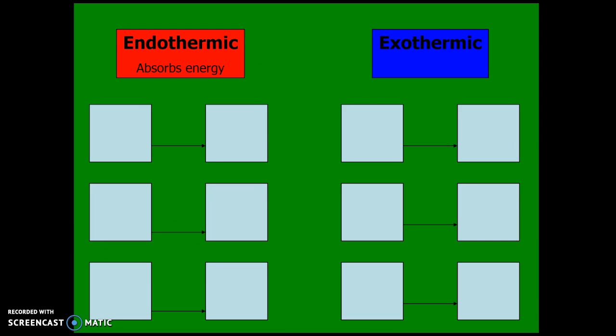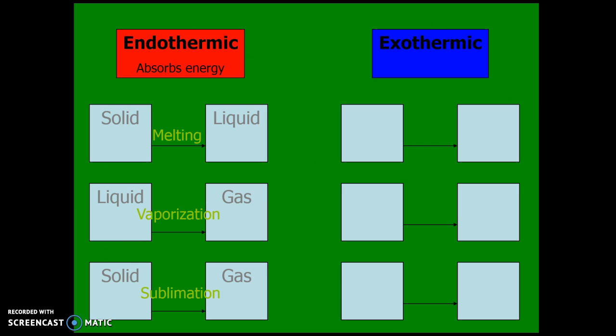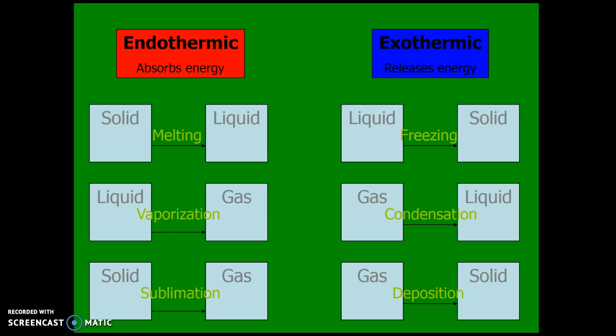Endothermic, they're absorbing that energy. So going through here, we've got solid to a liquid, which is melting, liquid to a gas, and solid to a gas. So we've got melting, vaporization, and sublimation. On the other side here with exothermic, okay, they are releasing energy that's going from liquid to a solid. So freezing, condensation, and then deposition.